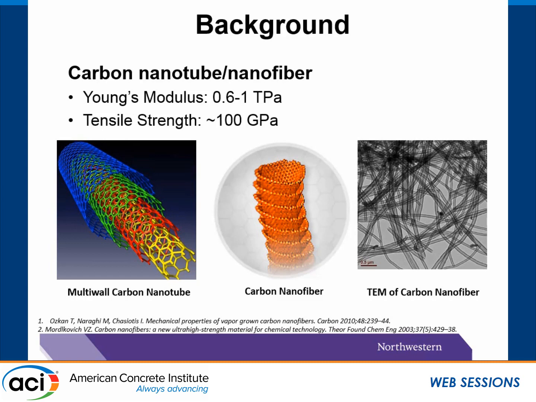Carbon nanofiber is another form of carbon nanotube. The diameter of carbon nanofiber is 50 to 150 nanometers, a little bit larger than CNT. And the morphology is also different from CNTs, in which the graphite planes appear to cant out from its longitudinal direction.